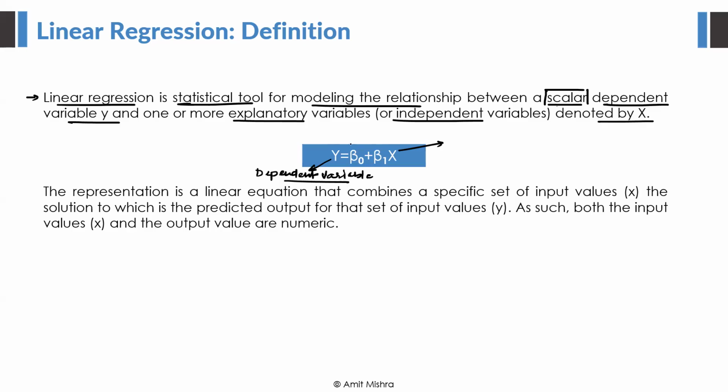This is your beta naught, the intercept value. Then we have beta 1, which is the coefficient of the x value. x is your input data.